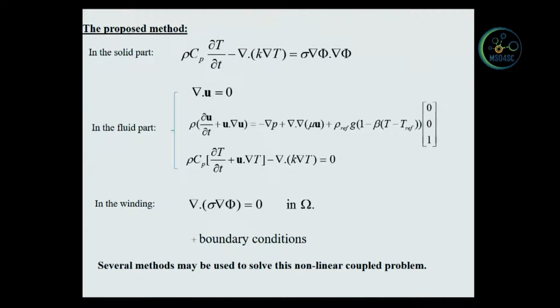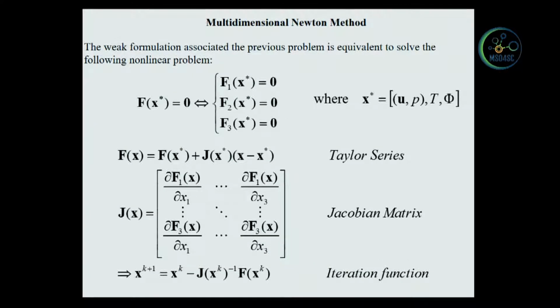And this is a very, very nonlinear coupled problem. To solve that, I don't go into the detail of how to write the variational equation of each equation. I use a few notations.